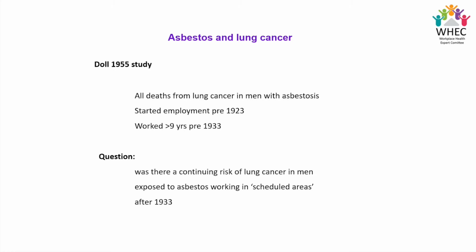And that is important: they started employment before 1923 and had worked for more than 10 years before 1933, when the asbestos regulations were introduced, designed to control asbestos exposure for those men working in so-called scheduled areas where the exposure to asbestos was considered to be highest. So the question that needed to be addressed was: was there a continuing risk of lung cancer in men exposed to asbestos who were employed after 1933 working in scheduled areas?